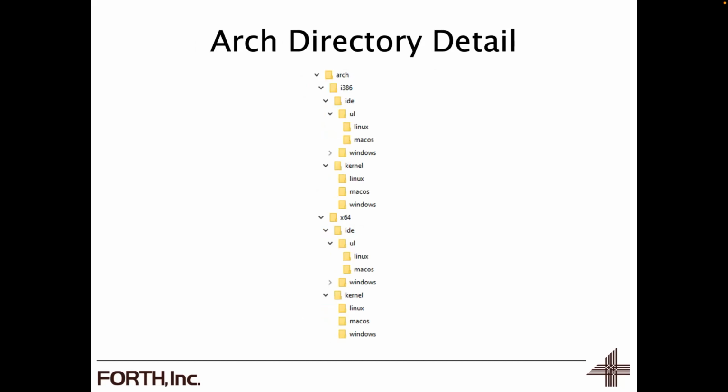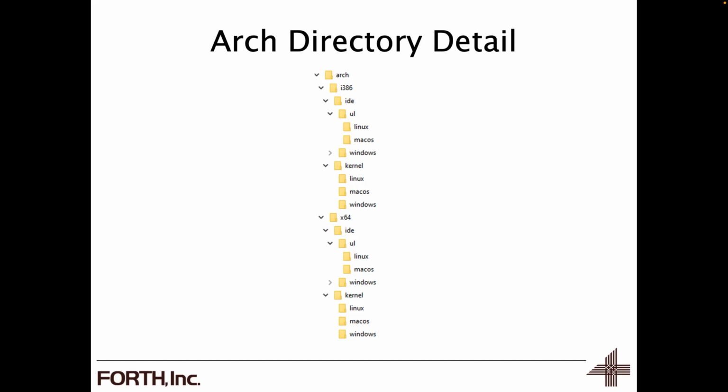So you can see under Arch, we have i386, and then a mirror image of the whole source tree, IDE, and its subdirectories, kernel and its subdirectories, one for x64 with IDE and its subdirectories, and kernel and its subdirectories. And that contains just the code specific portions to support this.